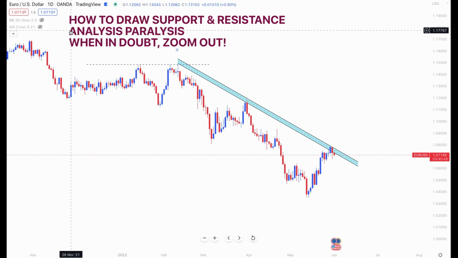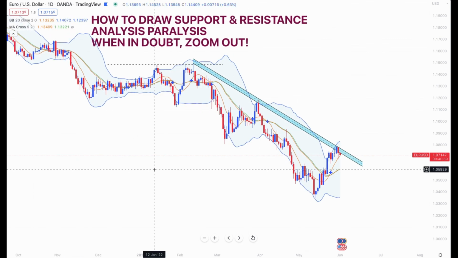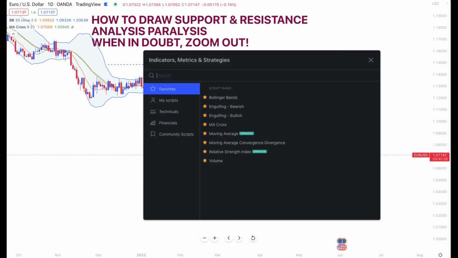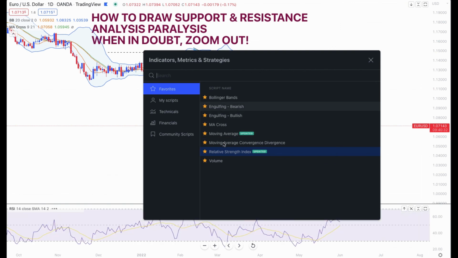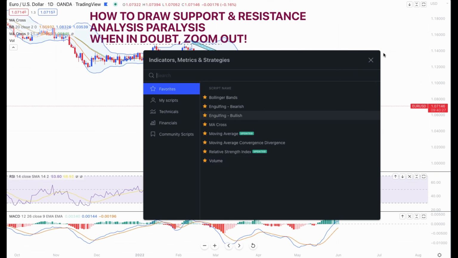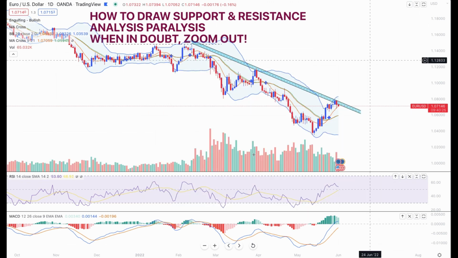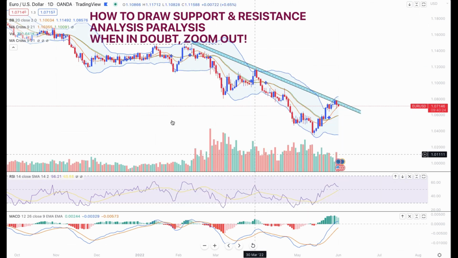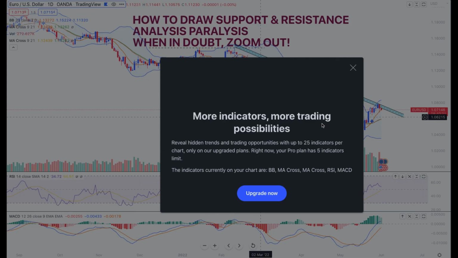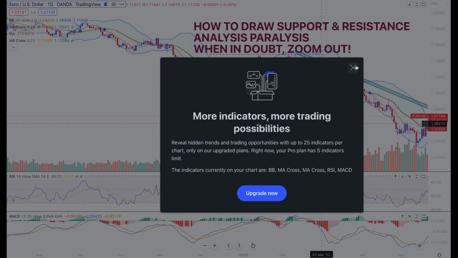By the way, analysis paralysis can work with indicators too. Like I said the other day, we could have a million indicators on the chart making things very messy and confusing. We could just have so much stuff happening that we don't know what is actually occurring, and it's just too much. I mean, for me, when I'm looking at this, I'm thinking, what is going on?